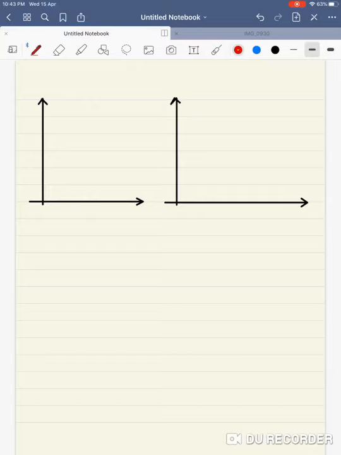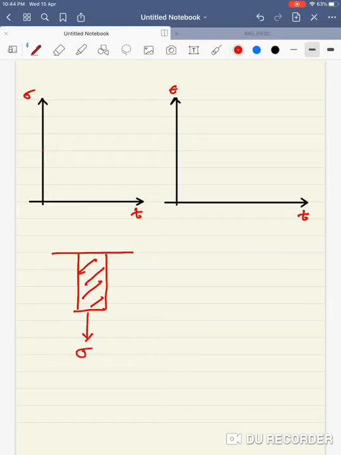Okay, so now let's say this is stress versus time and this is strain versus time. So let's say one day you go into the lab and you have decided to take a certain type of material, whatever this material is, and then you have decided to apply a known amount of stress to this. Let's say that is sigma naught. And then, so this is stuck to a wall, and then you are just going to measure the deflection at this end. So there will be some strain in the material.